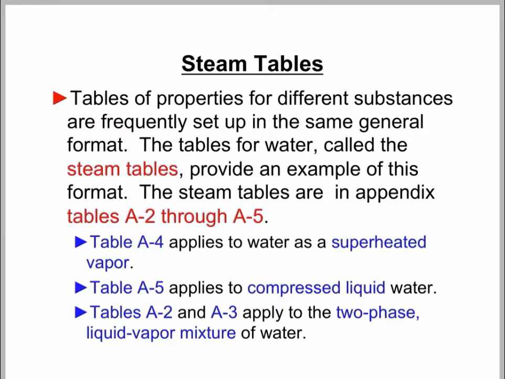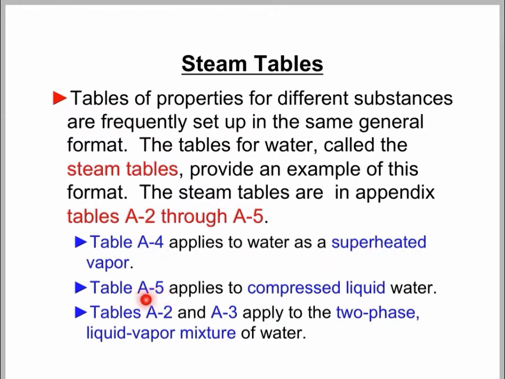You will need to be able to use the steam tables, or for that matter, the air tables and the refrigerant tables. But the two fluids that we use most frequently are the ones that are abundantly available to us: water and air. Table A4 lists all the superheated values.